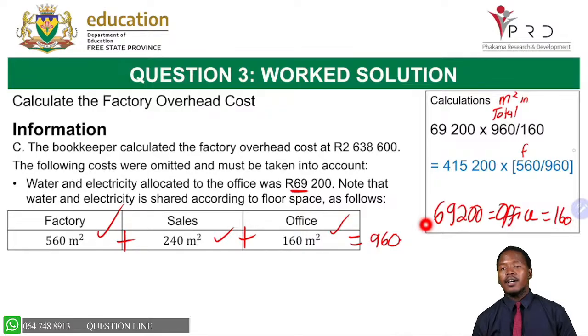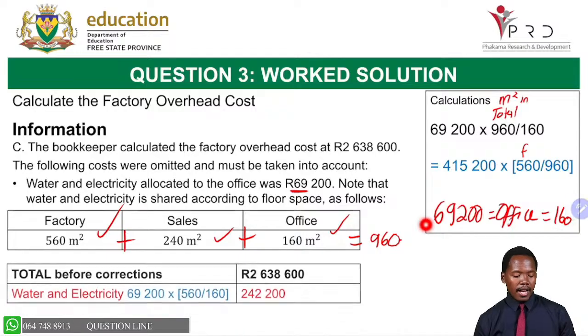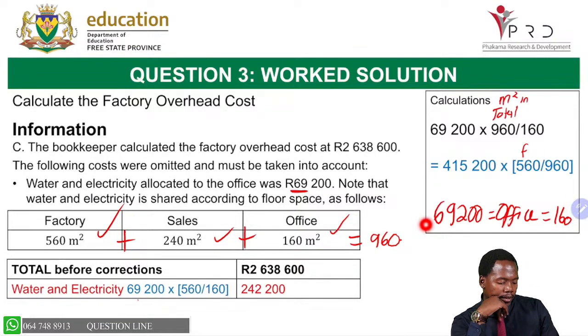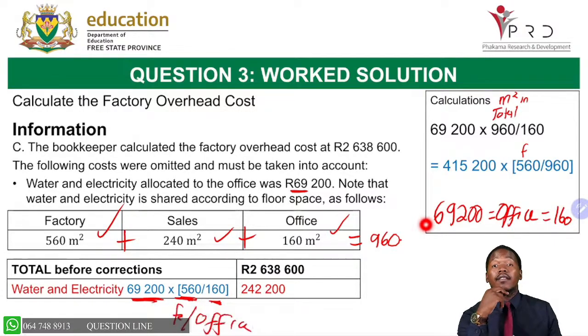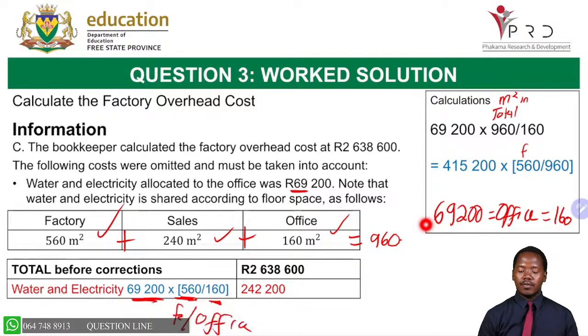Then we can safely multiply by 560 over 960. Let's look at our answer now. This is also another way of doing it: 69,200 multiplied by 560 over 160. We are looking for factory divided by office, because that's what we are given. We are given office.